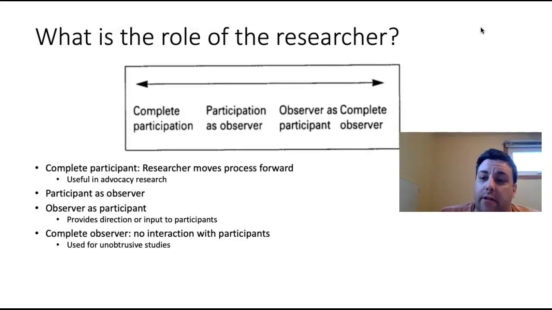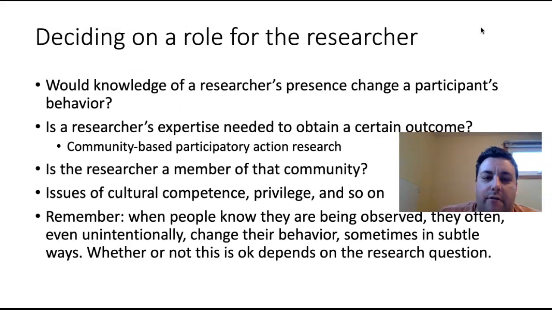In some ways, in the case of the Dakota Access Pipeline, it may have been unethical for the researcher to act as a complete observer because the researcher might have had a particular set of skills or expertise that would have been useful for the group trying to advocate for a specific outcome.